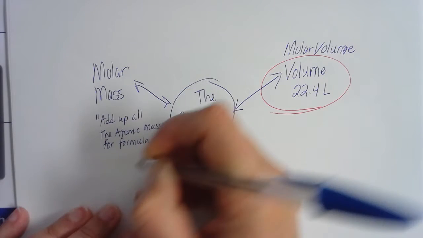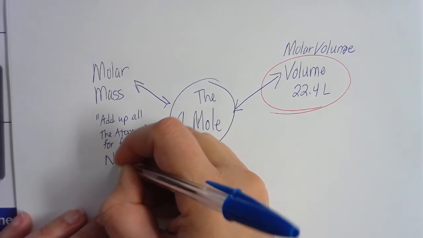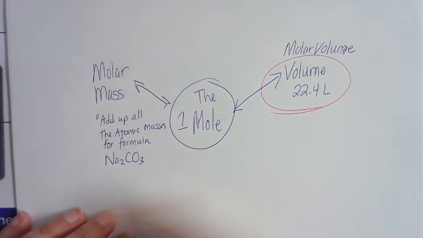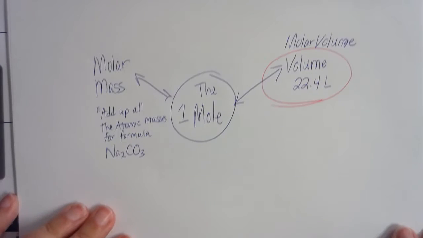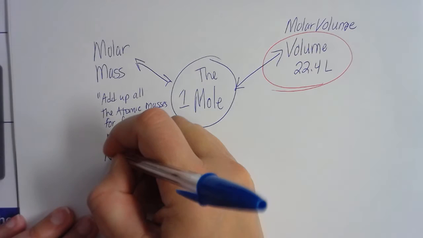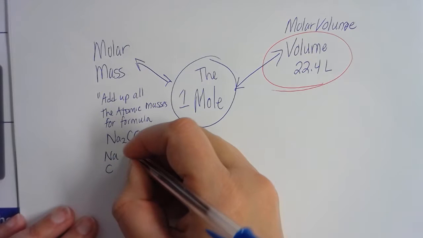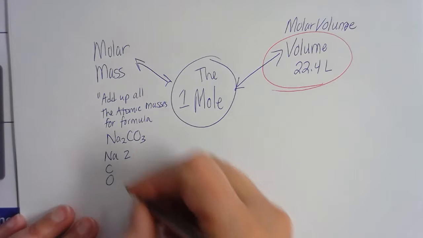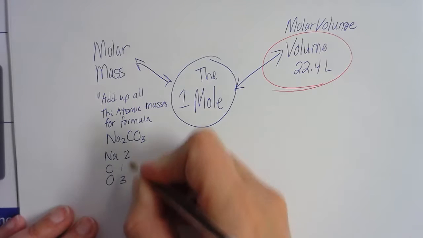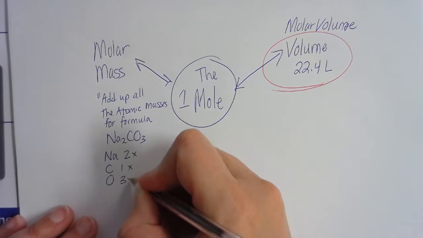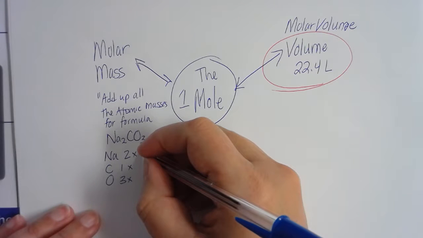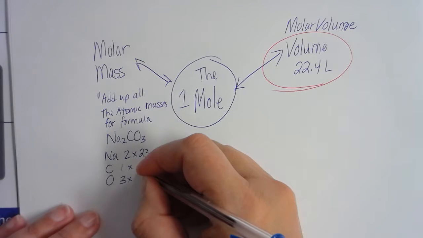So an example might be Na2CO3. What would we do with that? Break it up. All right, so Na, how many Nas? 2. How many Cs? 1. How many Os? 3. Okay, and then what's the next number we're going to use? The molar mass. So Na is 23, C is 12, and O is 16.